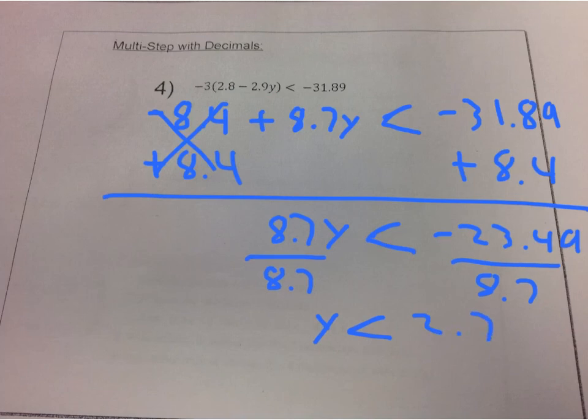We have one negative, one positive, so my answer needs to be negative here. So then when I go ahead and graph these, y has to be less than negative 2.7, so negative 2.7 in the middle, y has to be less than, so it's going to go that way. Open circle because it cannot equal, it cannot be a solution because we don't have the equal to sign underneath my inequality.